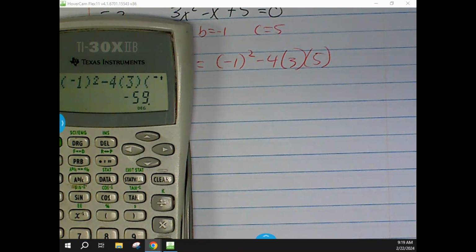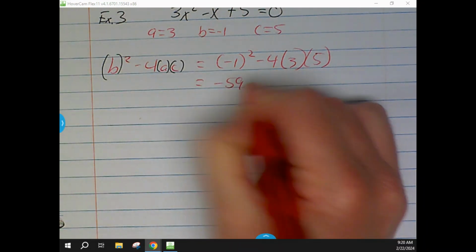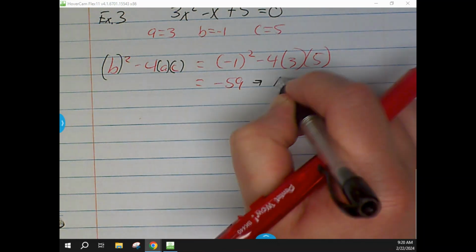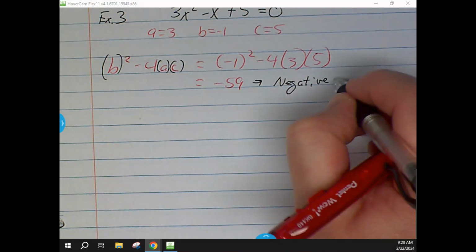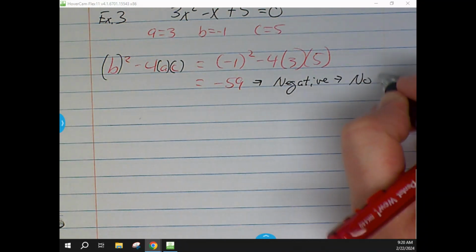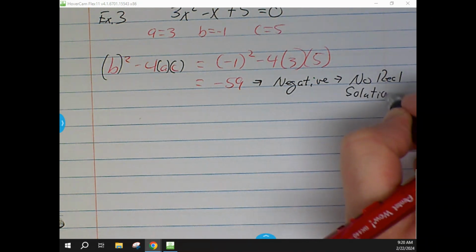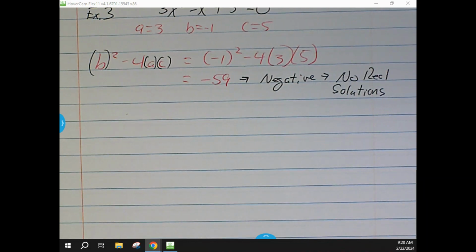Okay, and we get -59. Okay, key thing is the answer is negative. And if it's negative, that means there are no real solutions. So we just stop there.